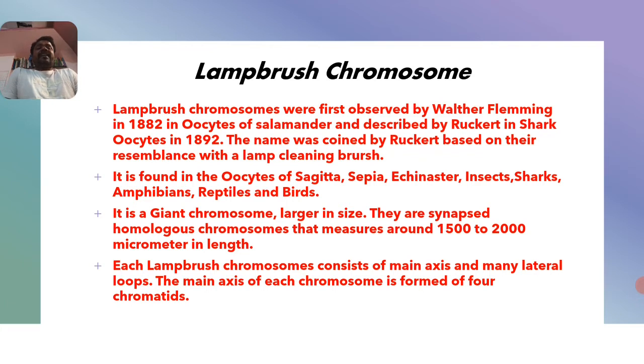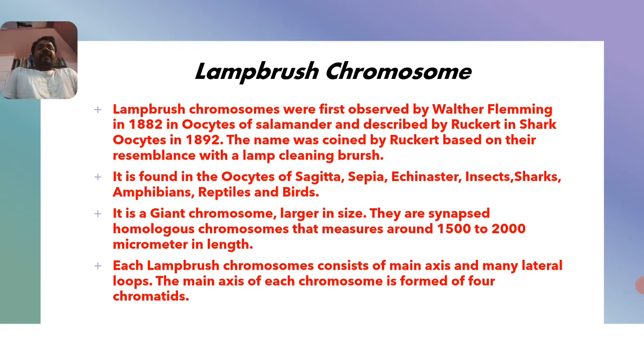Of course, it is a giant chromosome because of its large size. They are synapsed, meaning they are condensed, synapsed homologous chromosomes that measure around 1500 to 2000 micrometers in length.